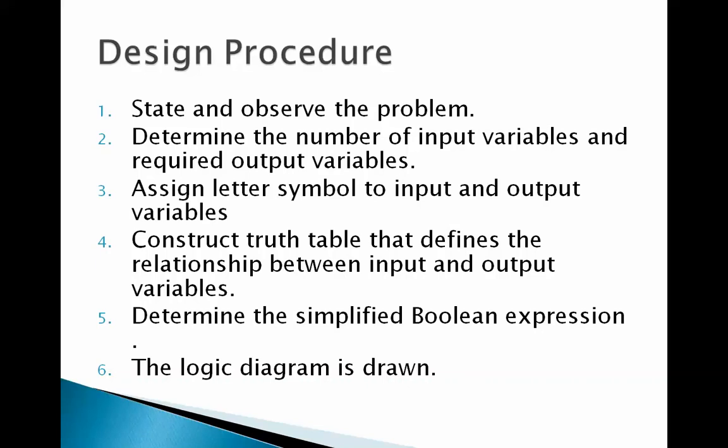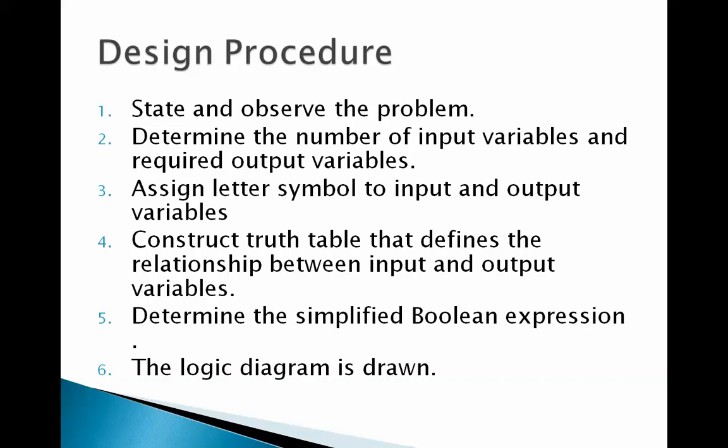So the first step in making a combinational logic circuit is that we have to first state and observe the problem. Okay, then the second step is to determine the number of input variables and required output variables.